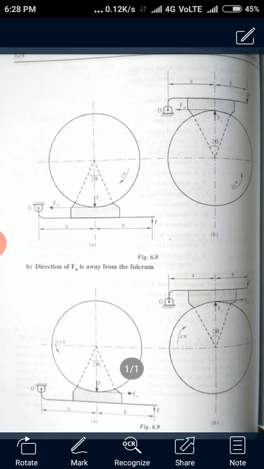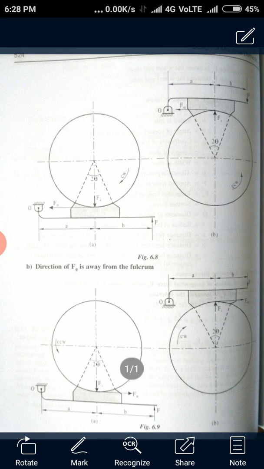The tangential force F theta is the braking force, which will reduce the speed of the vehicle. At one end of the lever the force F is applied, and the other end of the lever is connected to the fulcrum O. That point O is called the fulcrum.